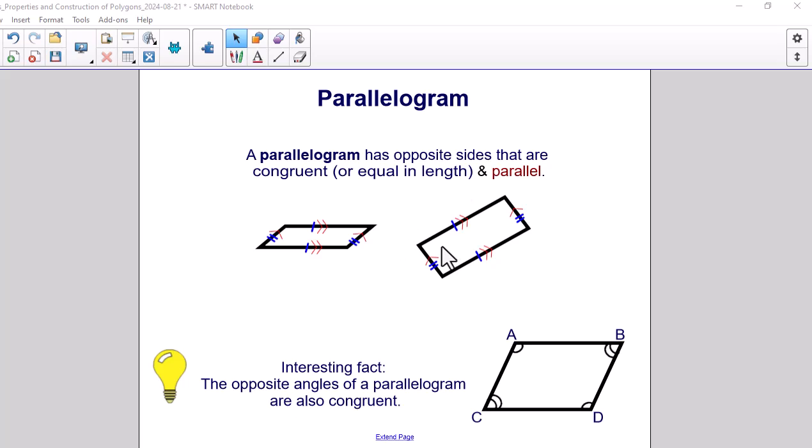And the same can be said for all three shapes that you're looking at on this slide. An interesting fact is that the opposite angles of a parallelogram are also congruent. So you'll see these semicircle markings for angles A and D, saying that those two angles are congruent, and the double semicircles for both angle C and angle B indicate that those opposite angles are also congruent.